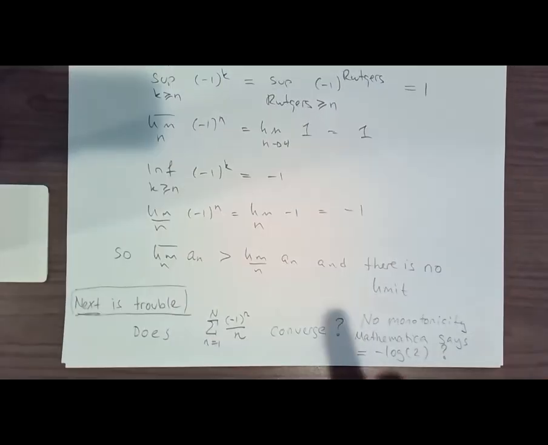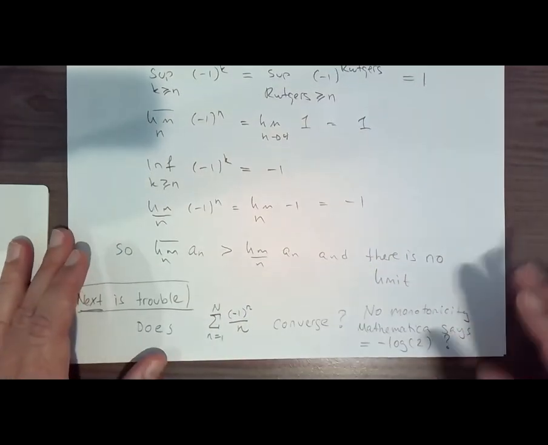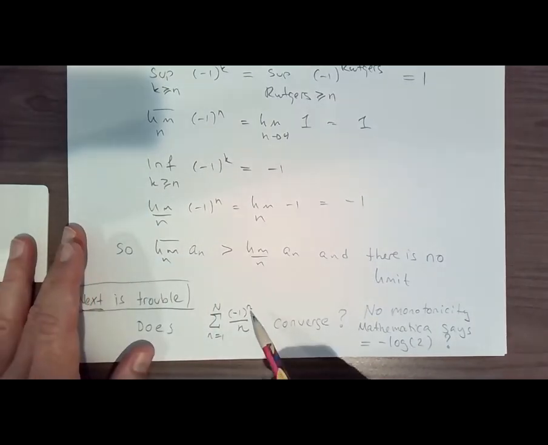What's this one here? So this is correct. This does converge to minus log 2. I do not believe that Mathematica is wrong. But there is a lot more to the story than that.